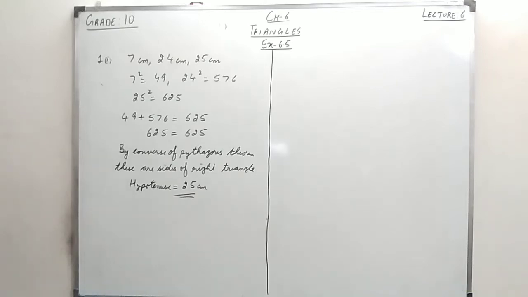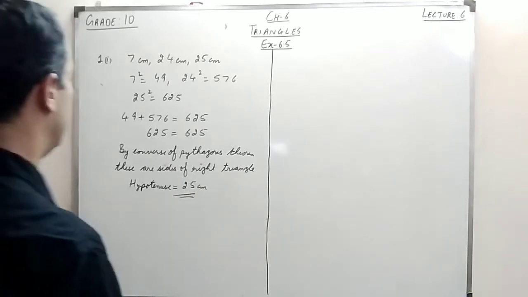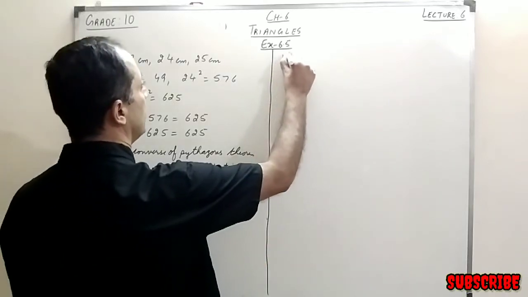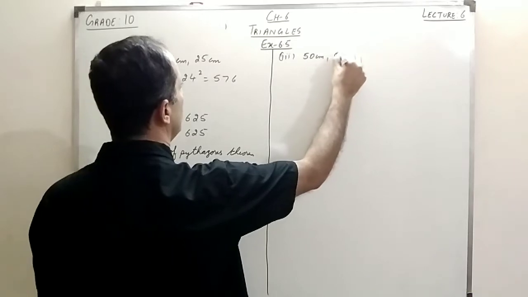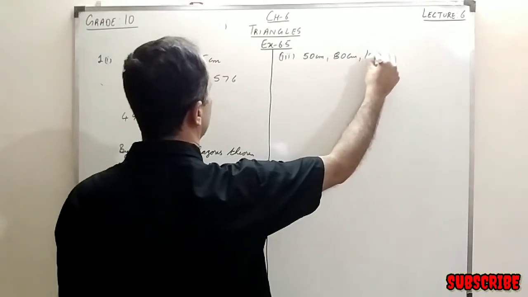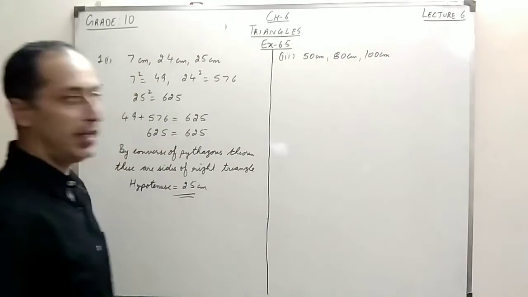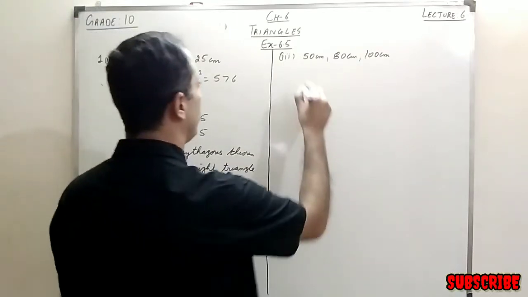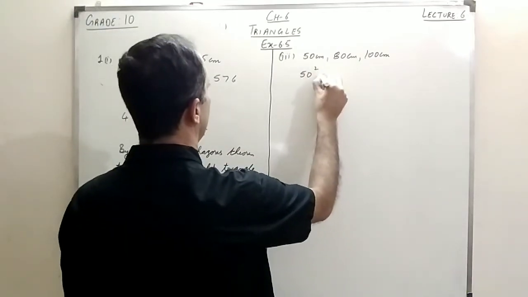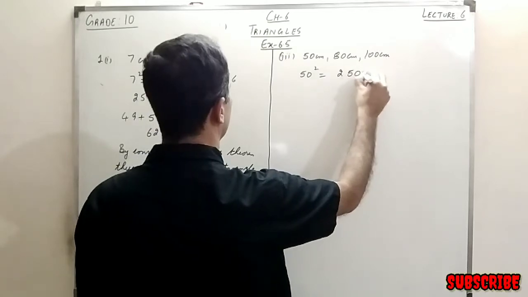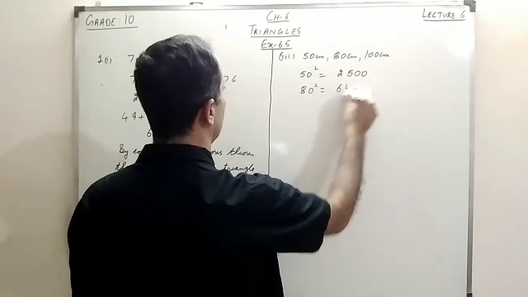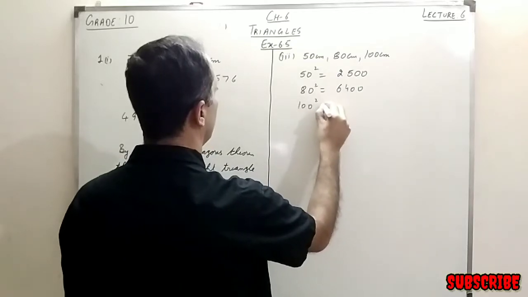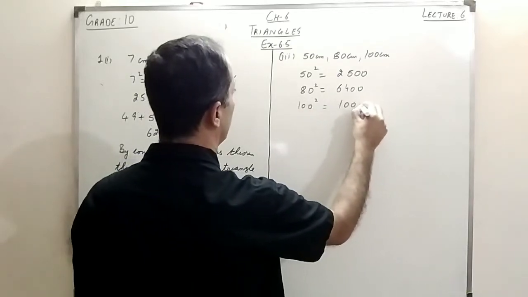Let's take one more part from this. Let's take the third part of this question. The three sides given to us are 50 centimeter, 80 centimeter and 100 centimeter. Now let's find the square of all the three sides. The square of 50 is equal to 2500, the square of 80 is equal to 6400, and the square of 100 is equal to 10,000.